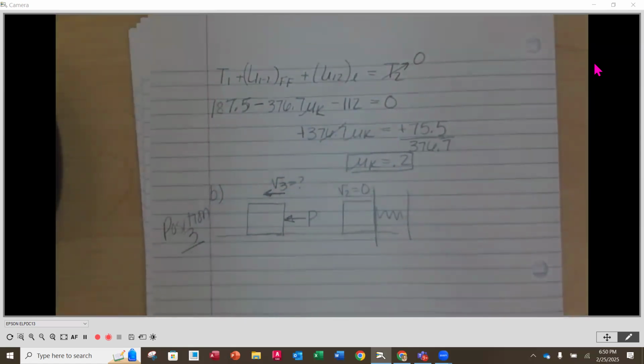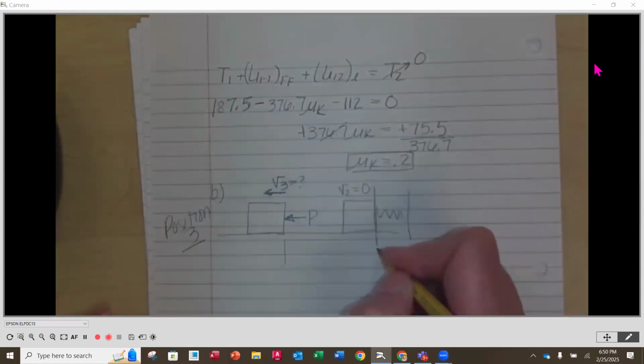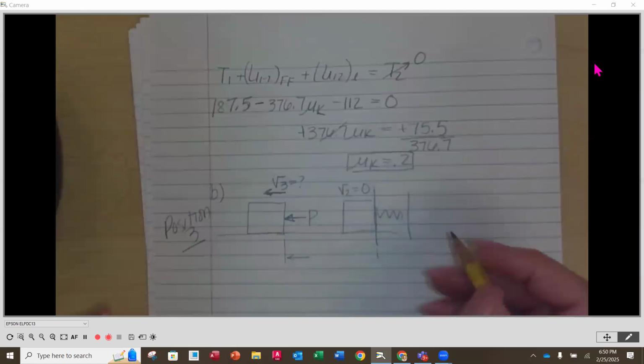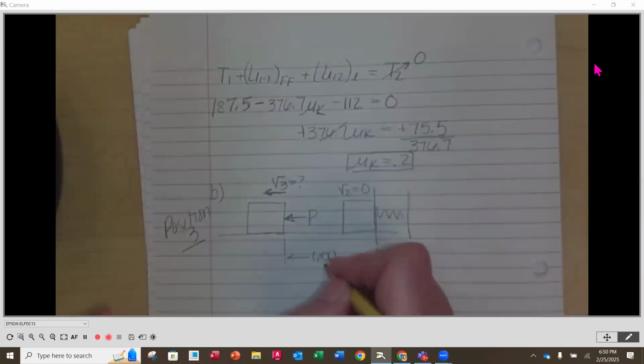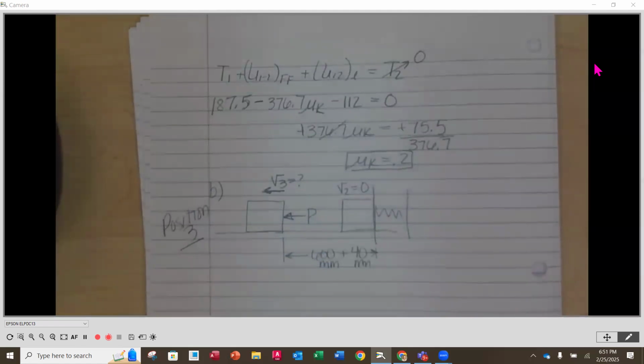And we want to find it at the same position as position 1. So if we look to position 1, we know that was 600 millimeters between, but then plus 40 millimeters to the maximum deflection of that spring. So our total distance coming back is going to be the 640, because it's compressed 40 into the spring and it's coming back the full 600. Does that make sense to everybody?